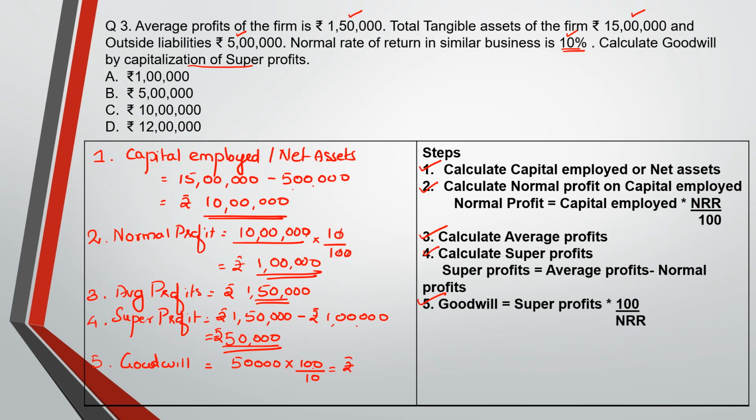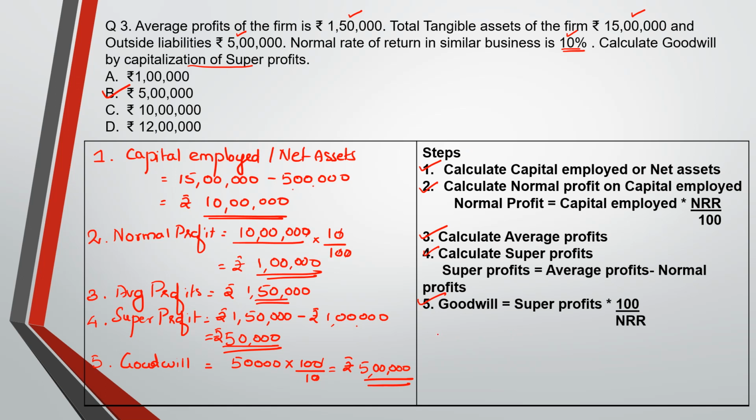So here we get 5 lakh as the goodwill. So option B is the answer. 5 lakh is the goodwill arrived by computation of capitalization of the super profit.